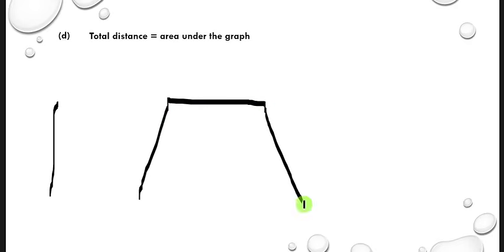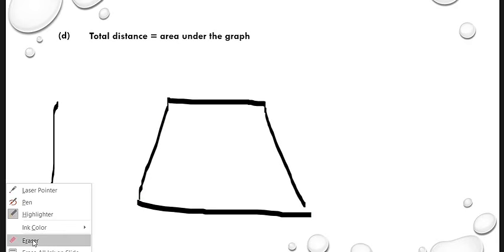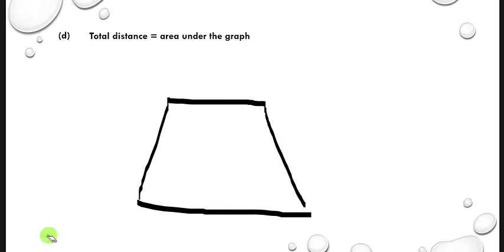That kind of shape it has formed, it is a trapezium, guys. Now, since it is a trapezium, this is the formula. Area of a trapezium is half, then open brackets a plus b, close brackets times h.